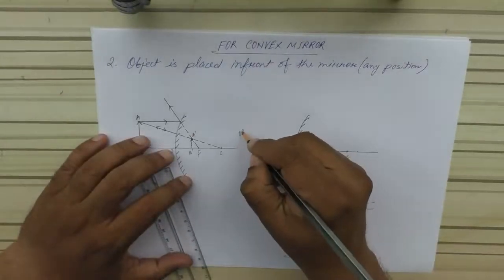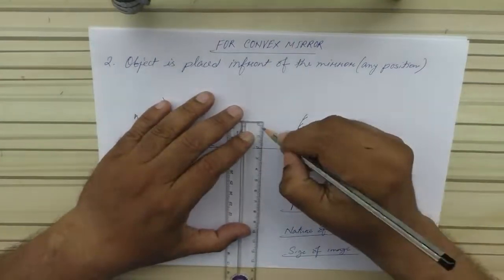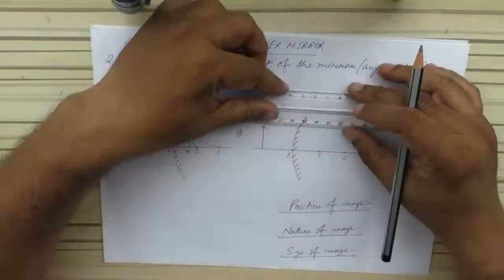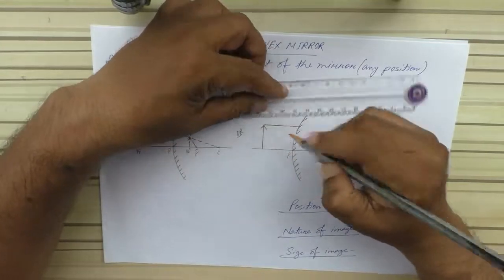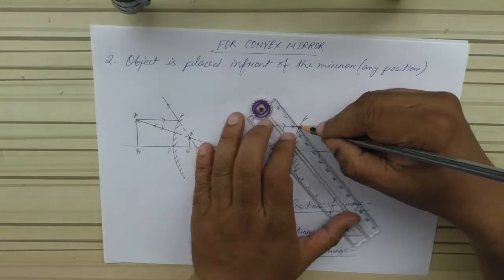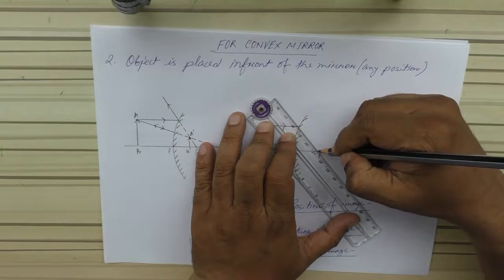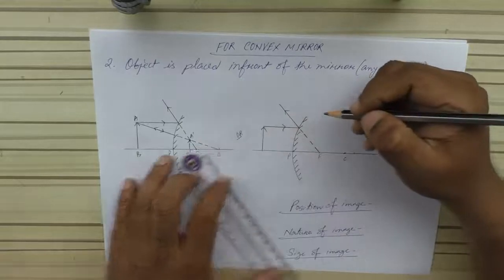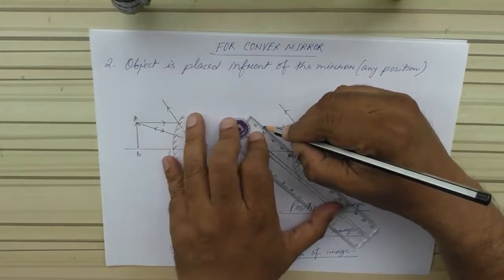Now another method of drawing this particular diagram: object is placed in front of the mirror, a ray of light incident parallel to the principal axis. After reflection this light ray appears to diverge from focus. And we can consider another ray which is incident at pole.